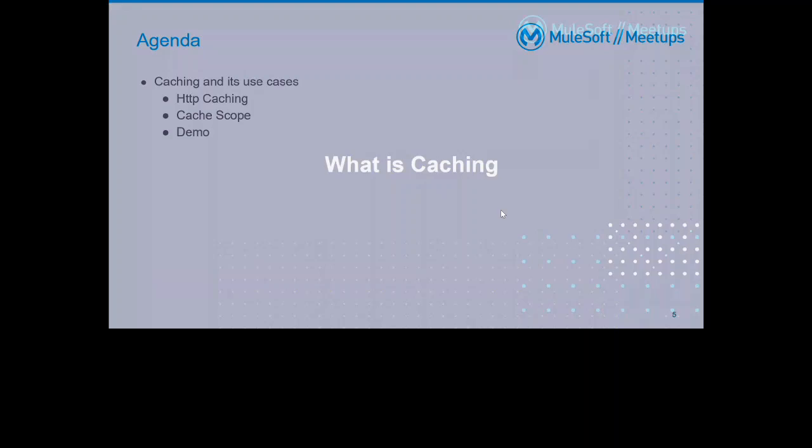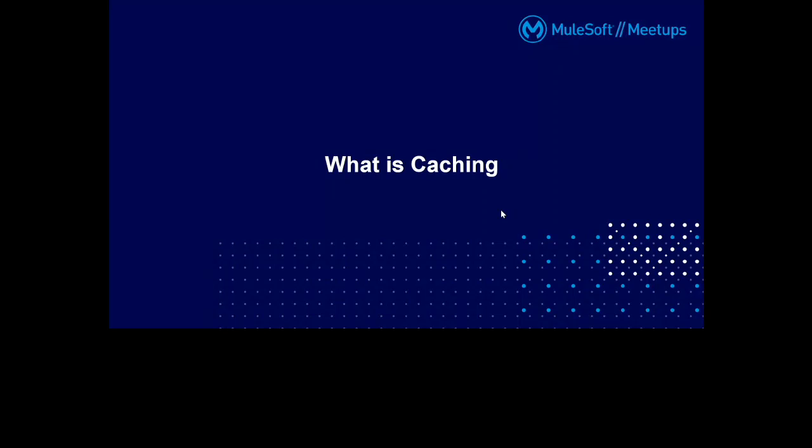Okay. So firstly, we have to understand what this term actually means and how it is relevant in terms of Mule APIs. Caching is not very specific to Mule APIs only. Caching is a very generalized term, and it is used everywhere, whether it is database caching or within your laptops or computers, where we have L3 cache and all those caches.